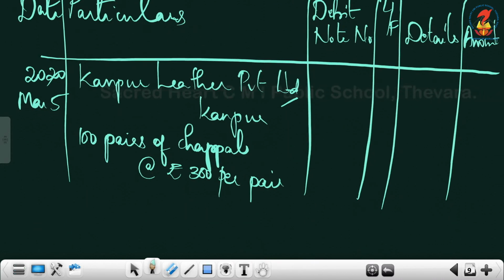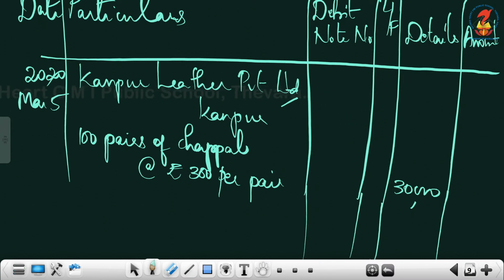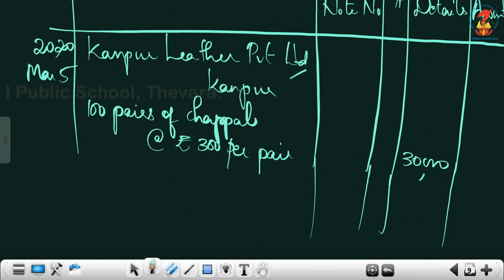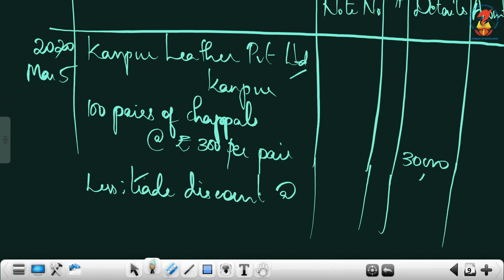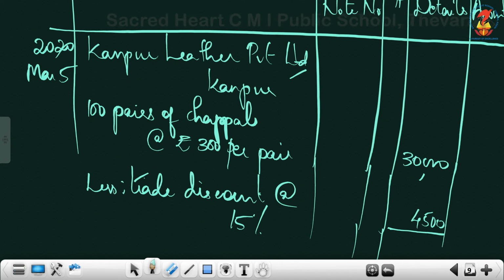So 300 into 100, it is 30,000. Then we have a discount of 15%. So less trade discount at the rate of 15%. Compute 15% of 30,000, that is 4,500. Nothing to be added, isn't it? So the balance 25,500 you can write in the amount column.